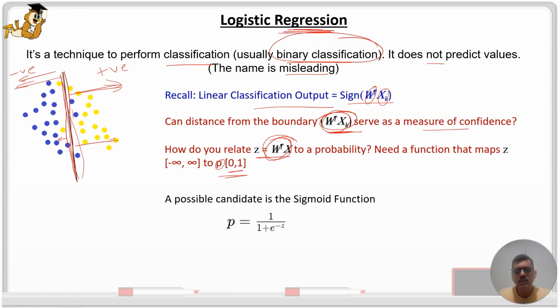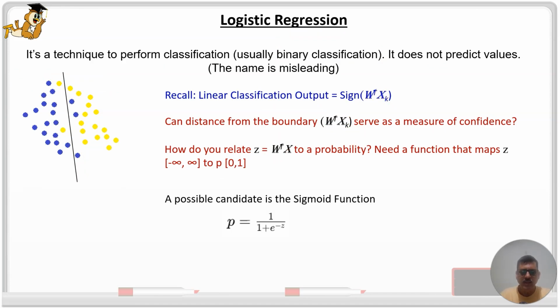Here is a possible candidate to map Z, which I am going to denote by the alphabet Z, to P. P equal to 1 upon 1 plus e to the power minus Z. I sort of use Z and z interchangeably. So the probability P is equal to 1 upon 1 plus e to the power minus Z. That is a possible candidate that would map Z, which goes from minus infinity to plus infinity, to P, which goes from 0 to 1.